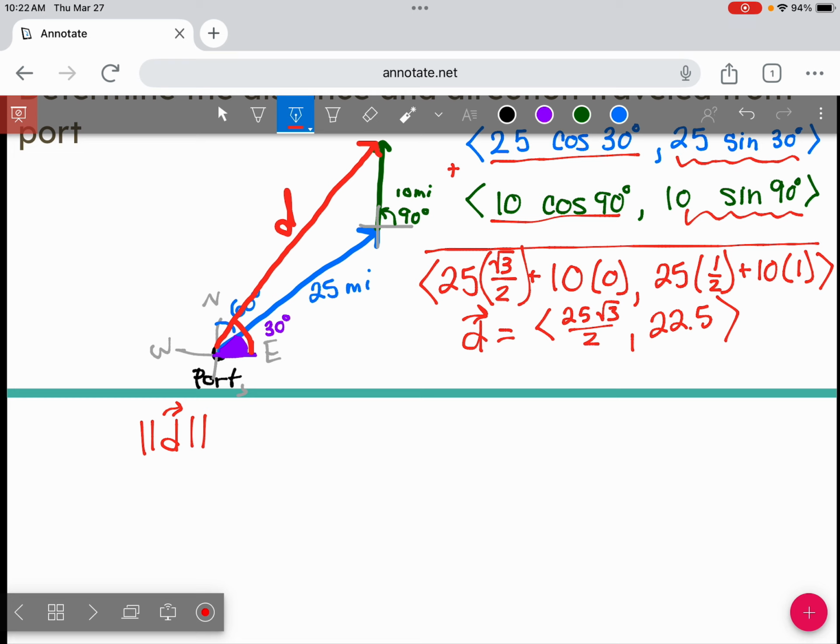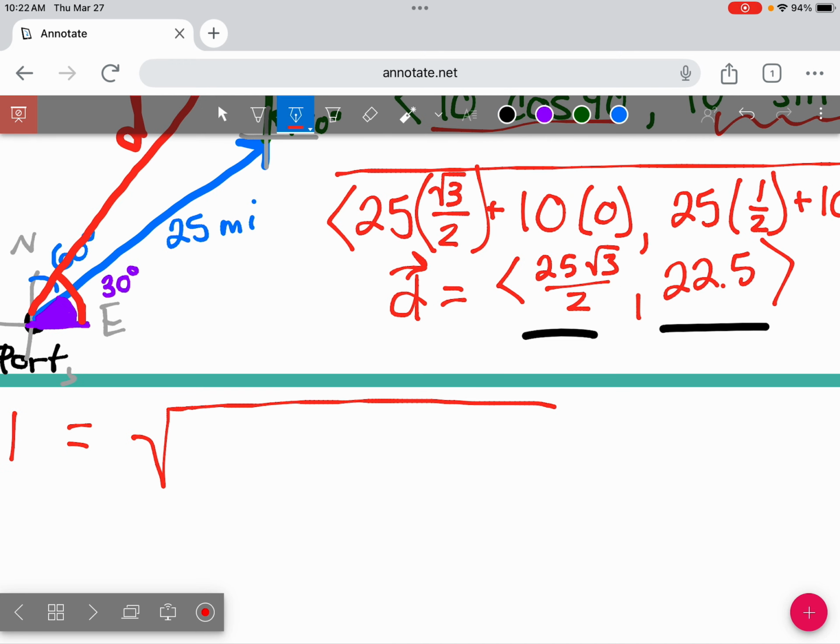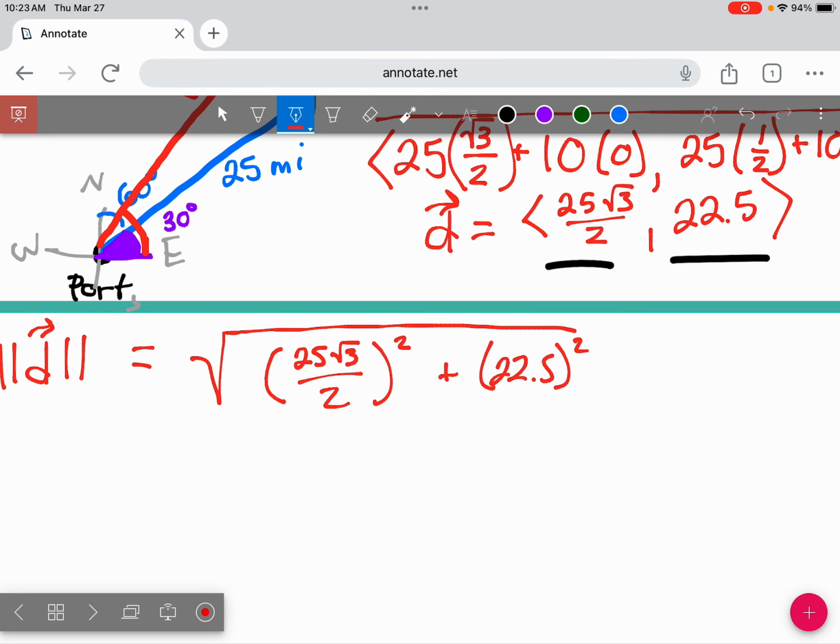To find our magnitude, we use our distance formula: the square root of each of these pieces squared. So we're going to take each of these and square them and then add them together. We'll have our 25 root 3 over 2 squared plus our 22.5 squared. We're going to type those in the calculator.